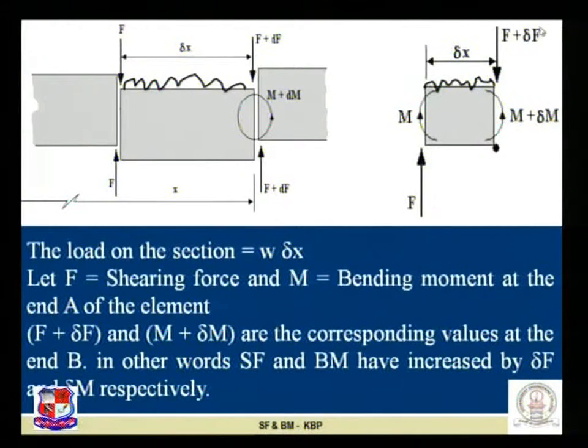At section B, the moment M plus delta M is acting, as well as the shear force F plus delta F. So if we count, these are the 5 forces acting on this system.